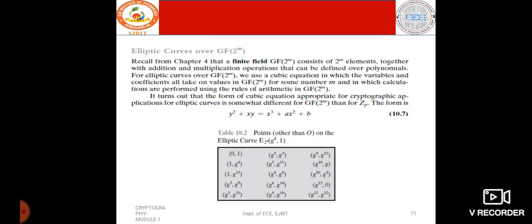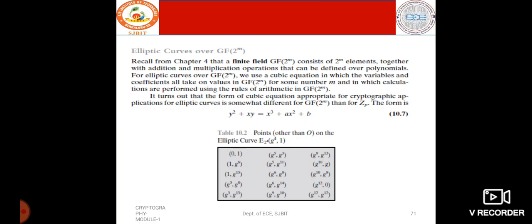For elliptic curves over GF(2^m), we use a cubic equation in which variables and coefficients all take on values in GF(2^m) for some number m, and in which calculations are performed using the rules of arithmetic in GF(2^m). It turns out that the form of cubic equation appropriate for cryptographic applications is somewhat different for GF(2^m) than for Zp, and the form is y square plus xy is equal to x cube plus ax square plus b.